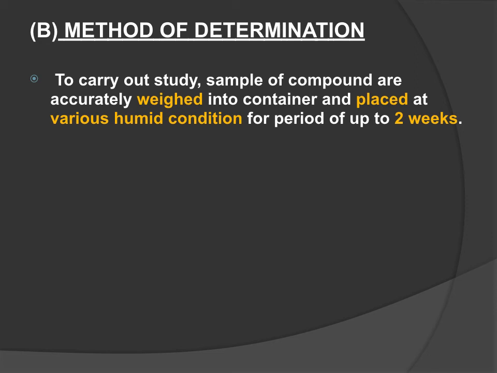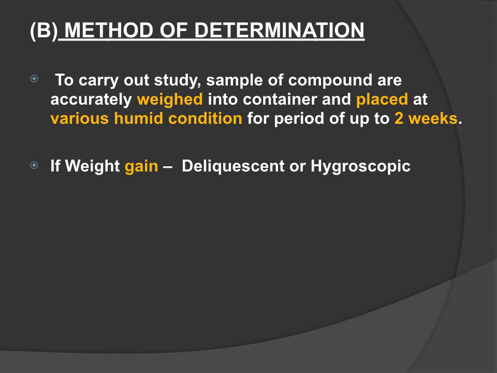Weigh the 5 grams kept in the humid weather, weigh the 5-gram powder kept in the normal atmosphere with intermediate humidity, and also weigh the 5 grams kept in dry weather. And just observe the change in weight.